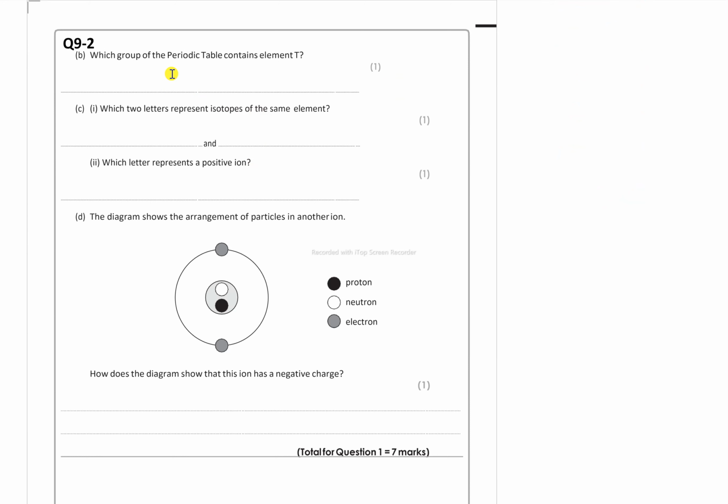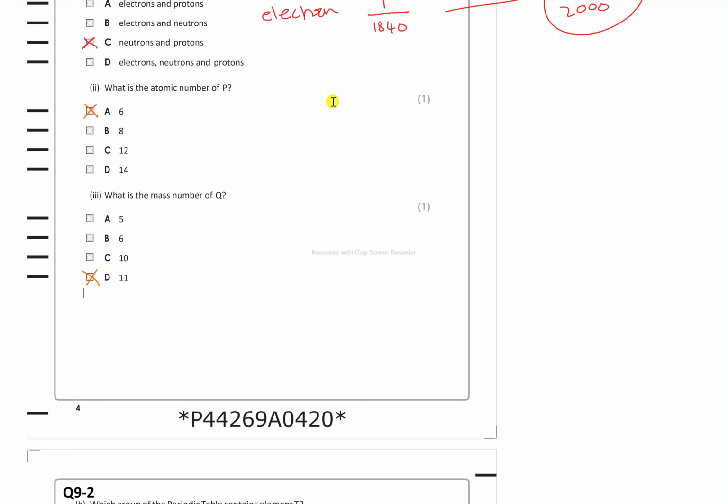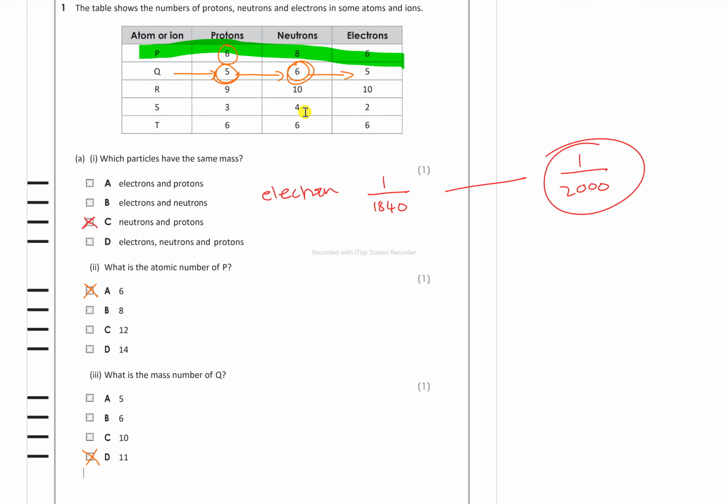Okay, which group of the periodic table is element T? Where's element T? Okay. It's got 6 electrons. So this is my first electron shell. I'm only allowed 2 electrons on there. Then I have to draw another shell.